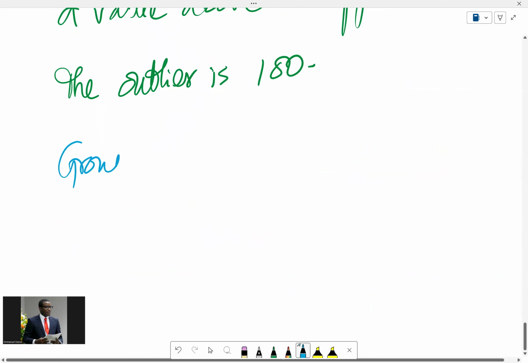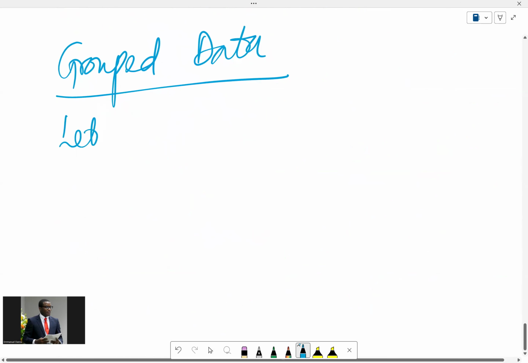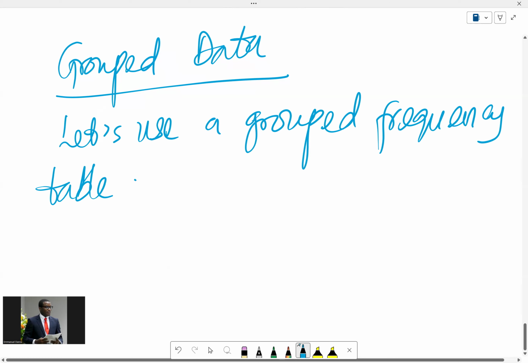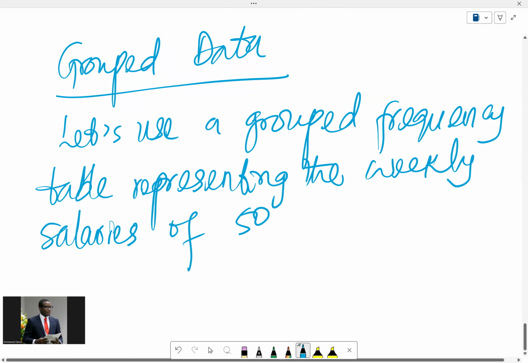So we have grouped data now. So let's use a grouped frequency table, representing the weekly salaries of 50 employees in a company.